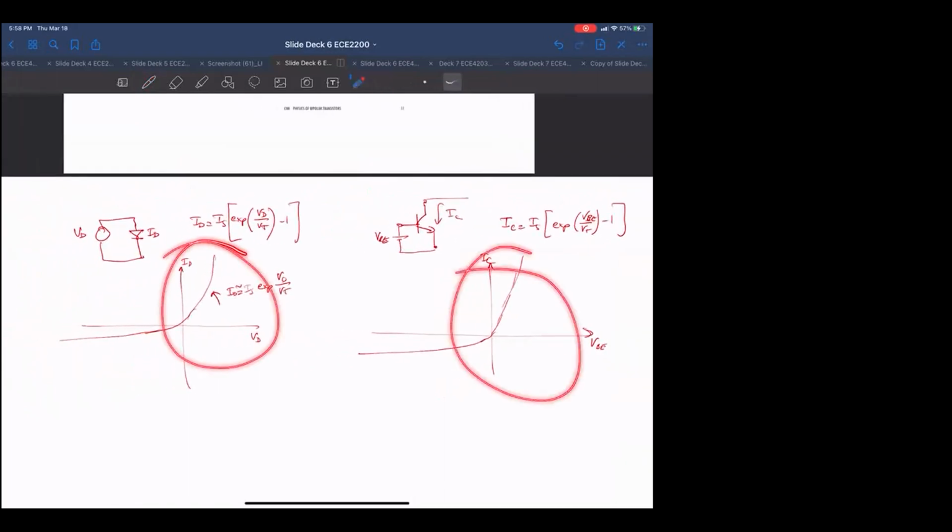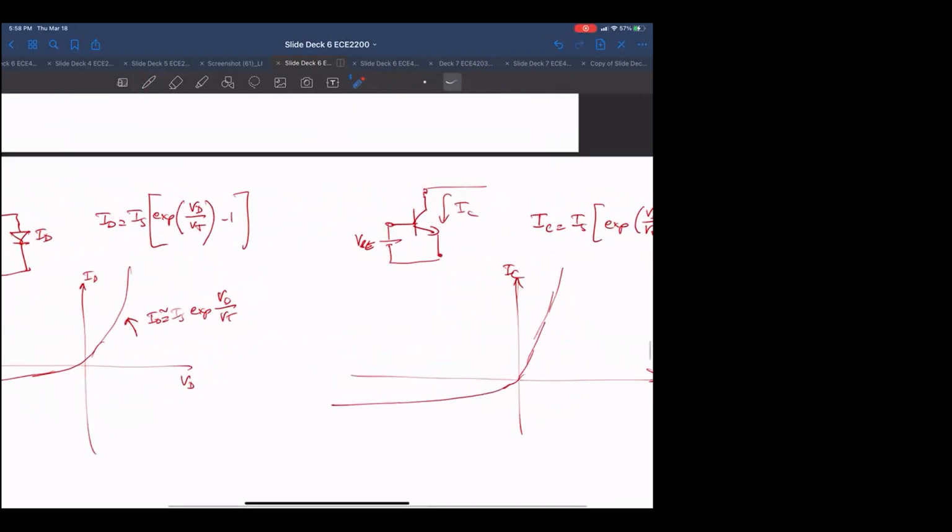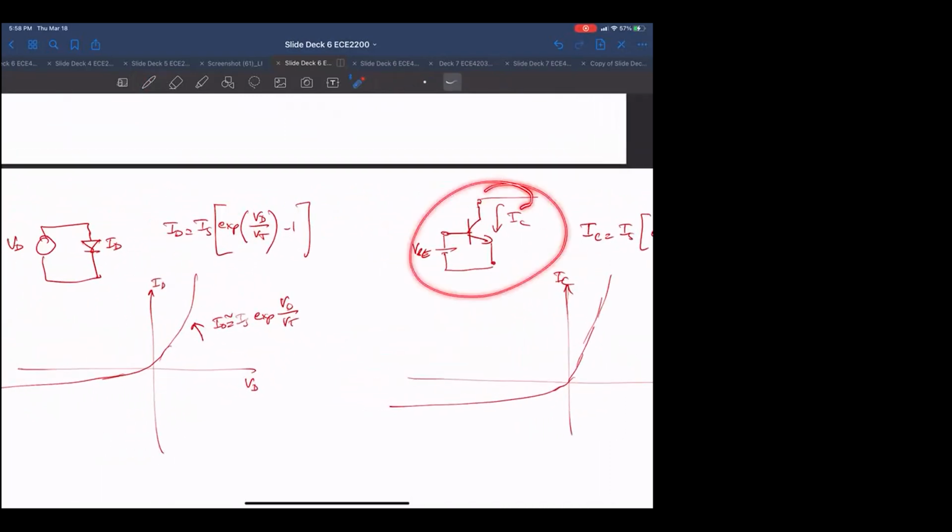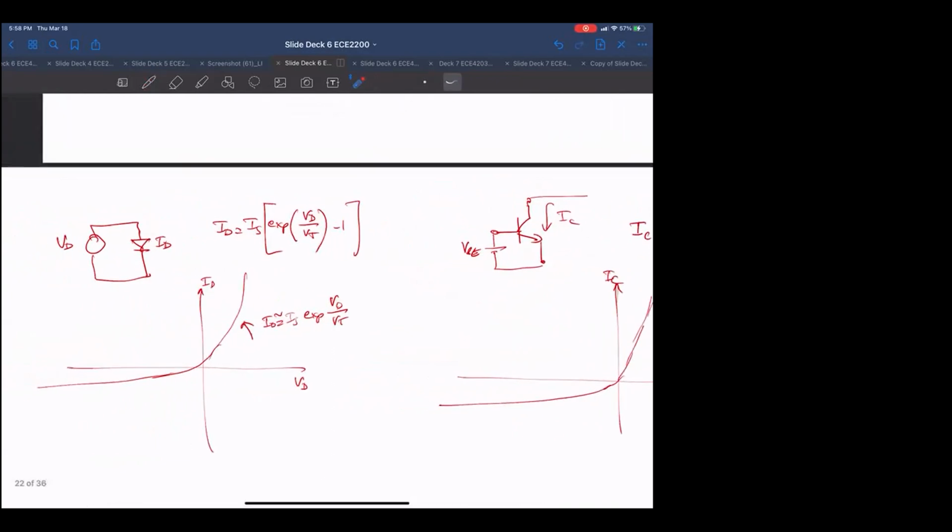So the question you should be asking is, why did I bother making this transistor if I was already getting this same exponential function from the diode? Look at the critical difference when it comes to building circuits. The diode is a two-terminal device.